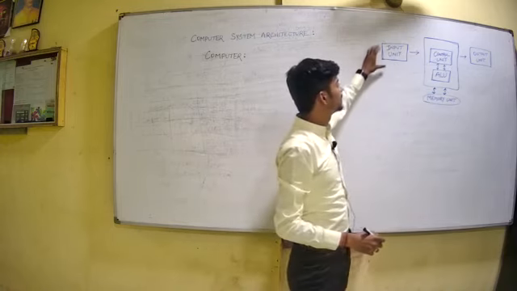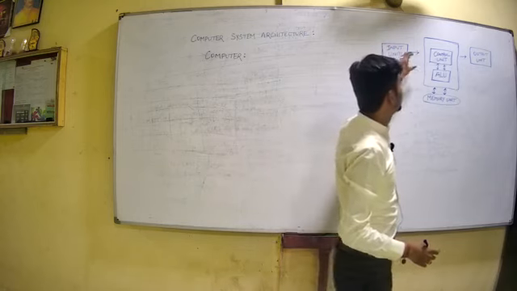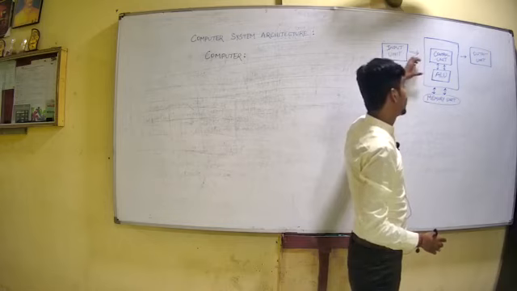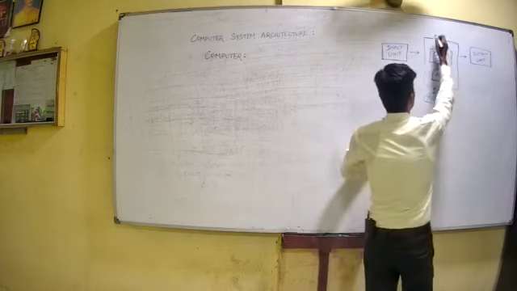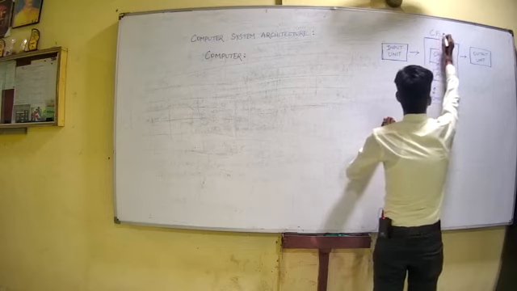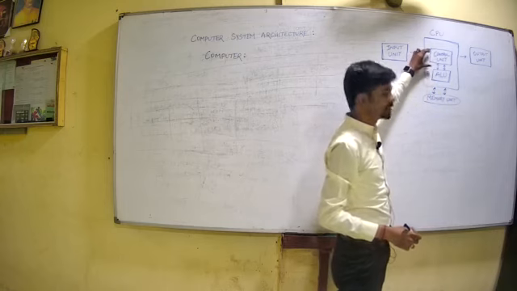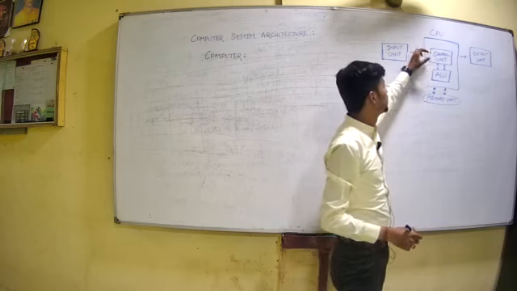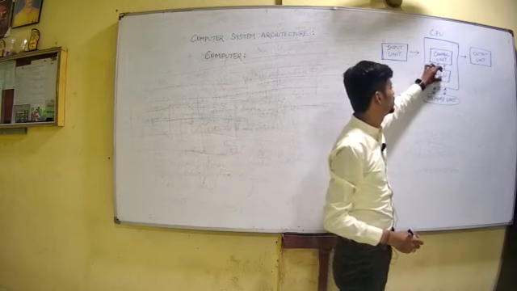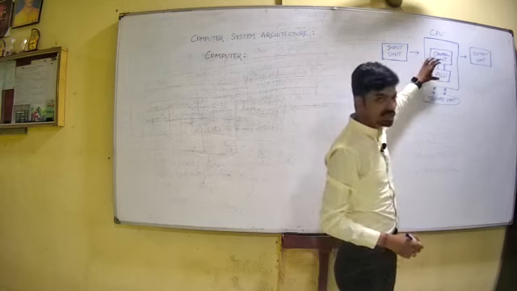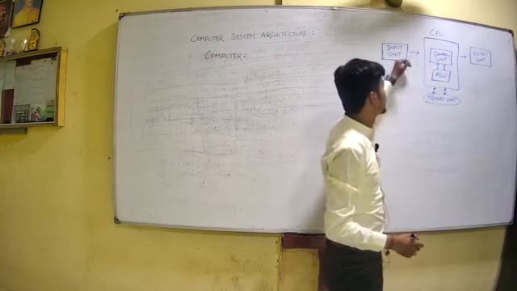First, it takes the input from the user, then it gives the raw data or information to the CPU, the Central Processing Unit, which consists of two parts. The first part is the control unit, the second part is the ALU, the arithmetic logic unit. These two units are the main components of the CPU.